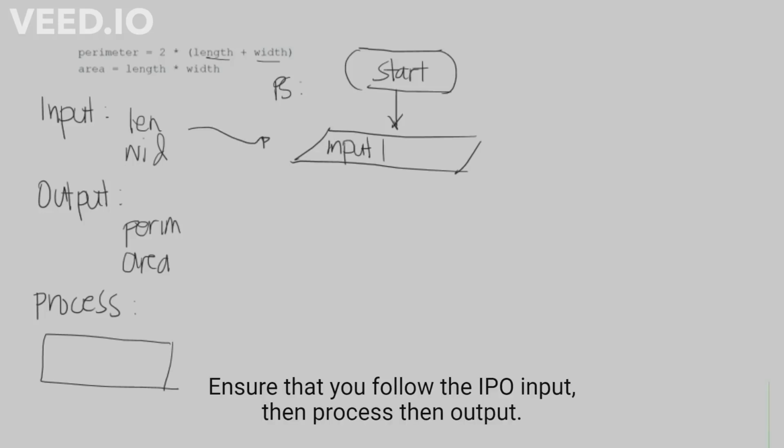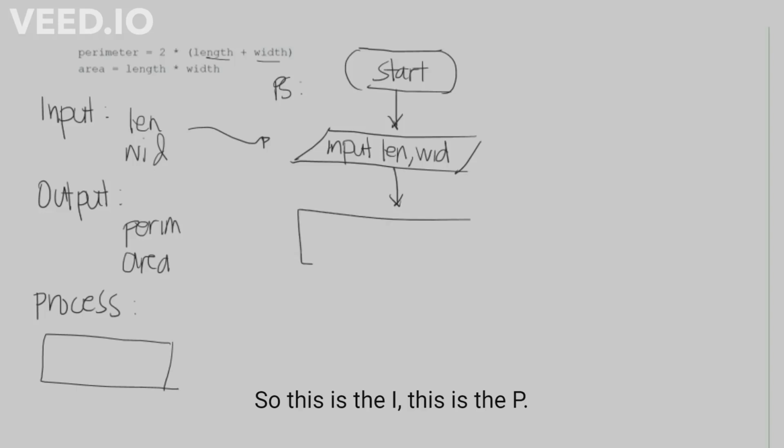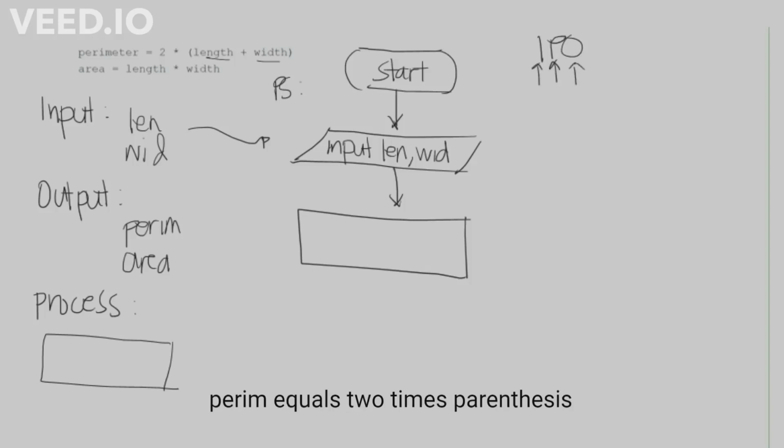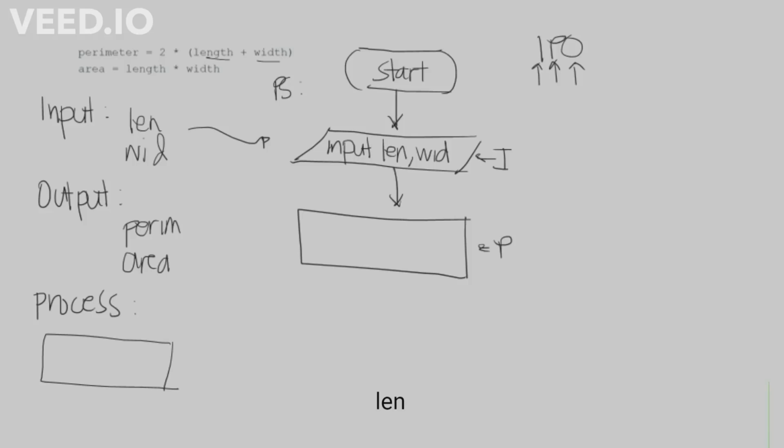Make sure that you follow the IPO: input, then process, then output. So this is the I, this is the P, and later will be the O. Here we use perim equals 2 times parentheses len plus width.